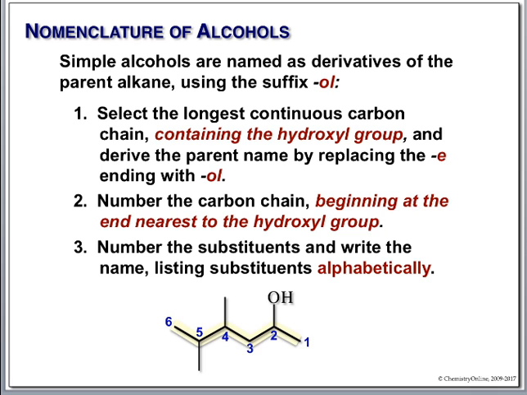Here at 4 and 5, we have methyl groups. We have an alcohol at carbon 2. So we'll put these things together. 4,5-dimethyl, 2, 6-carbon chain, hexane, ol. Any questions?